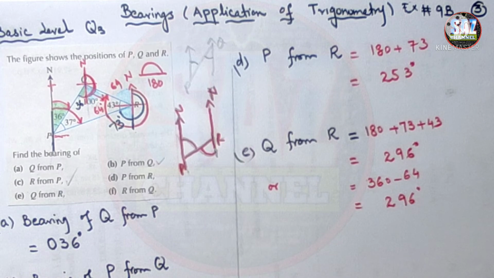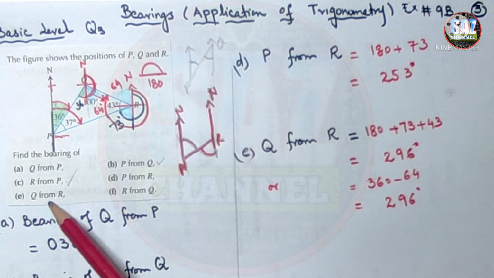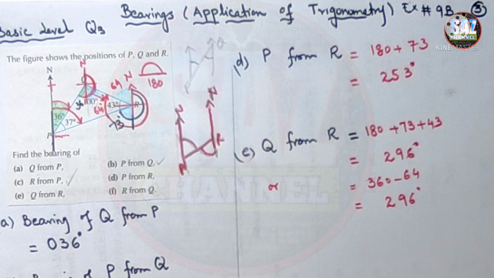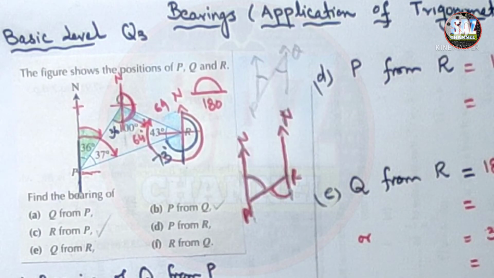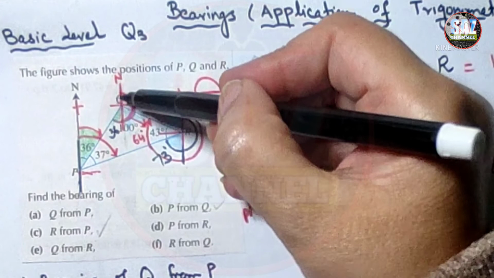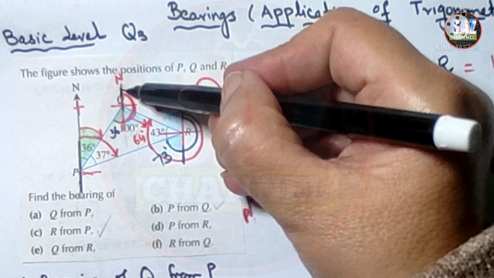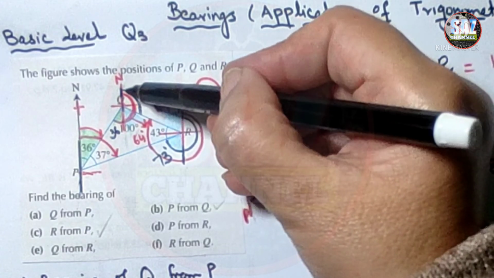The next part is bearing of R from Q. Part F is R from Q. Now look, at what point are we supposed to draw the compass? We have to draw the compass at point Q, and we have to stop at R. Now look, if I am starting the movement from this point, I have to take this much turn only.